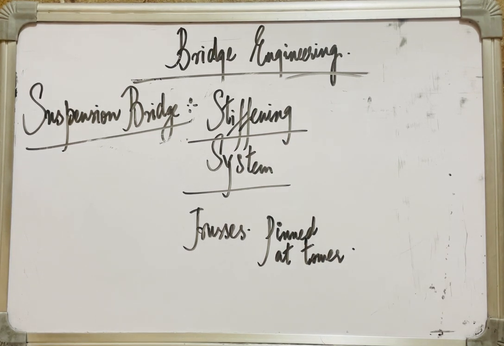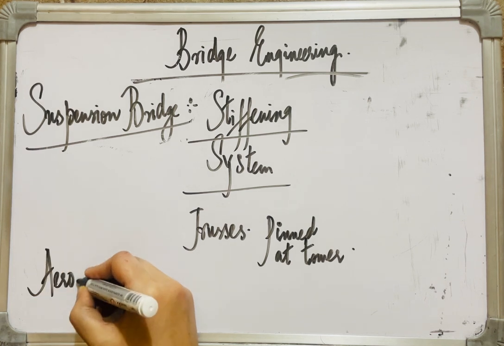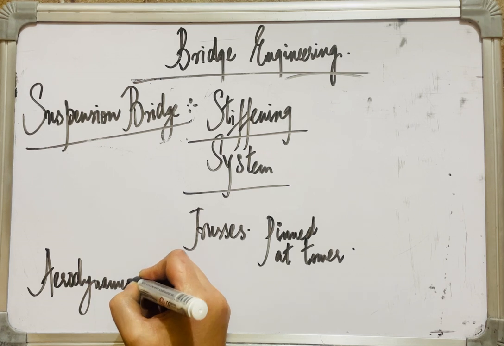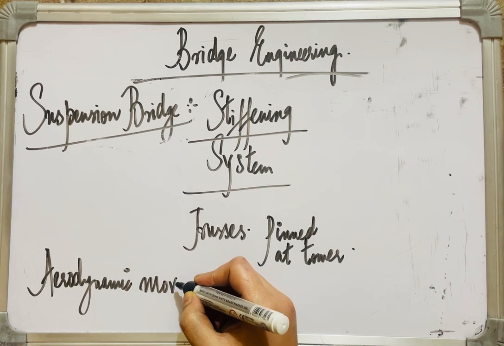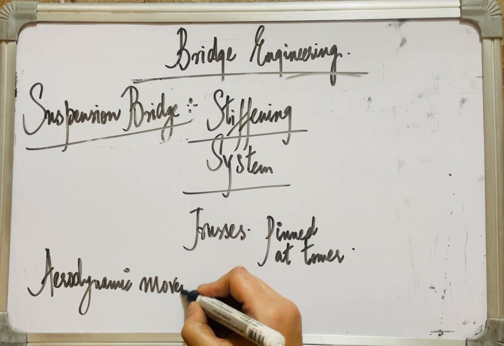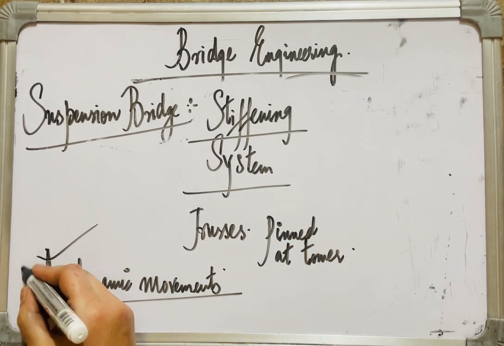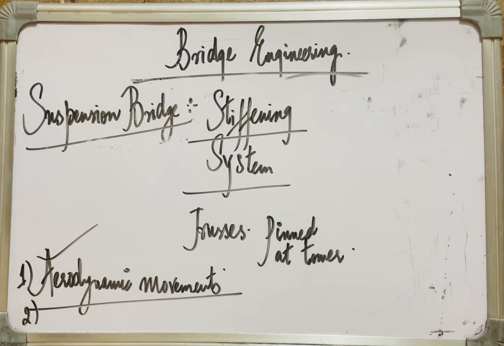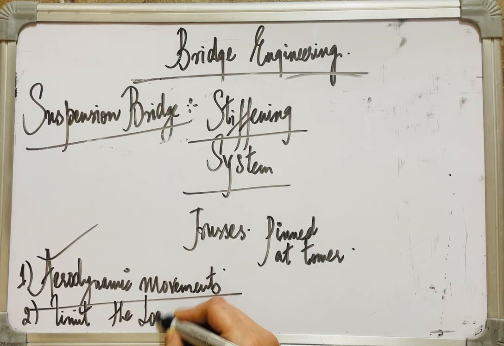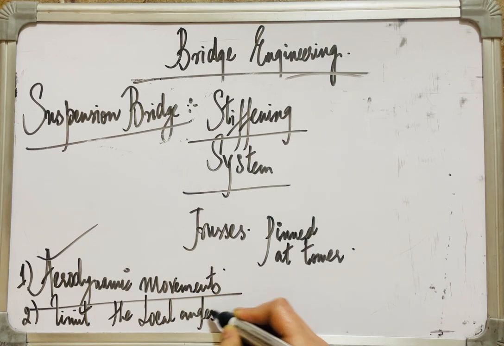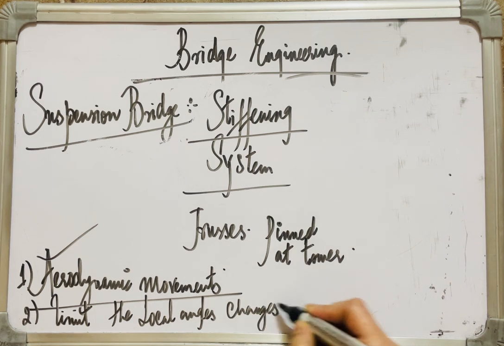And they have a role, of course, and their role is that they serve to control the aerodynamic moments and to limit the local angle changes in the deck. They control the aerodynamic moments, and in addition to this, they can also limit the local angle changes in the deck.